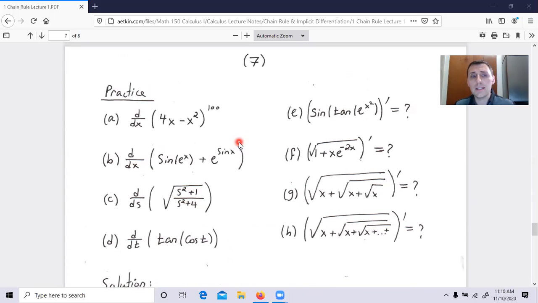Now, let's try to solve a bunch of derivatives. Very quickly, could you please type in the comments the derivative for practice problem A? Come on, guys, let's solve those questions very rapidly because we need to move on.